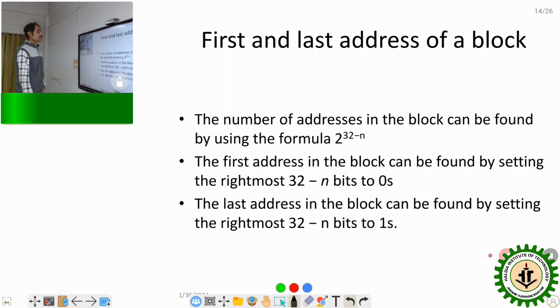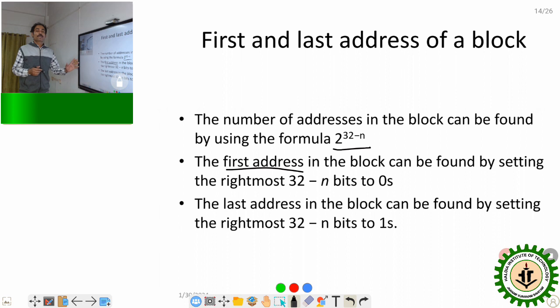And some more observations: the number of addresses in the block can be found using the formula 2 to the power 32 minus n, where n is the number of bits in the mask. And for the first address of any block, the ISP, the internet service provider, assigns the block, and whenever they assign a block, our first job is to find how many addresses there are, what the first address is, and what the last address is, and then we can derive all the addresses.